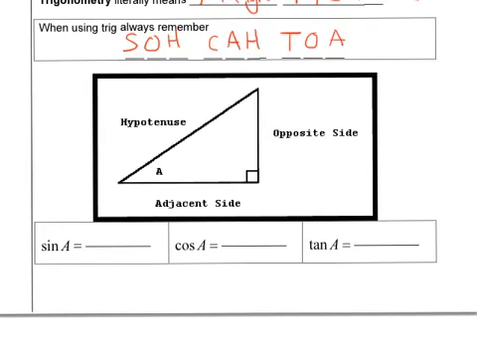So SOHCAHTOA. What that means is we have three trig ratios that we're going to learn: sine, cosine, and tangent.